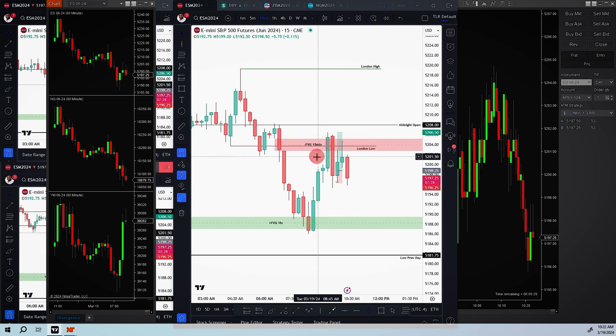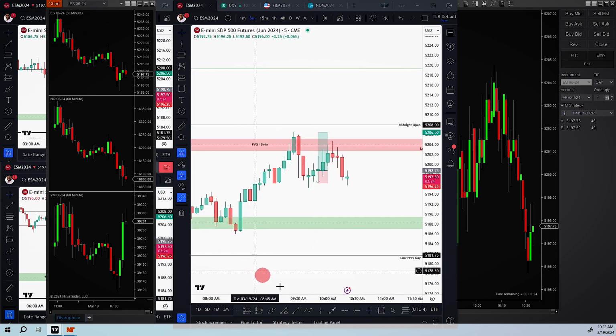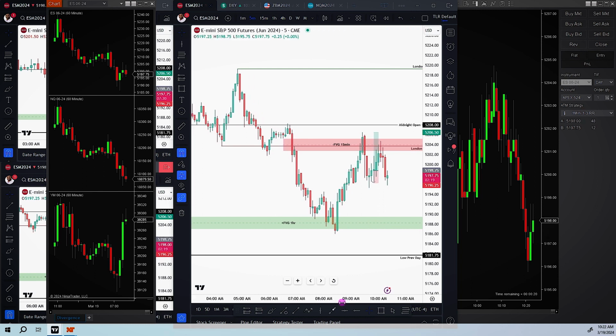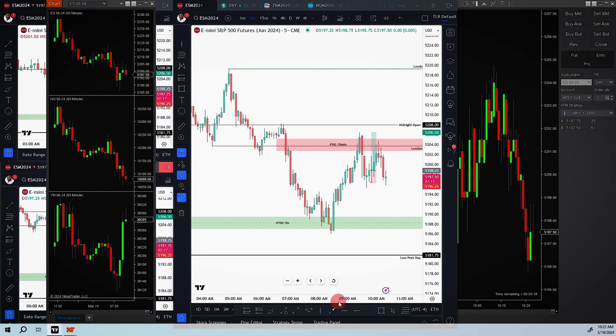So I said, okay, let's go down to a 5-minute time frame and see what we're working with. On the 5-minute time frame, this is the area of 15-minute consolidation. Push down to the hourly imbalance, and we're pushing back up to the consolidation right there.